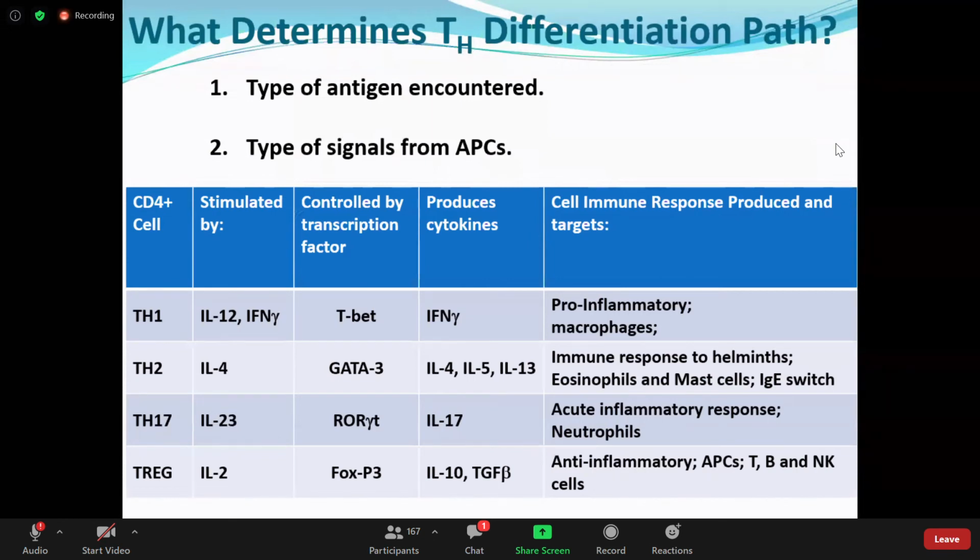Don't worry too much about this, but the way we identify whether a T cell is a Th1, 2, or 17, or Treg, is either by looking at the cytokines it produces, or by flow cytometry, which I talked about.